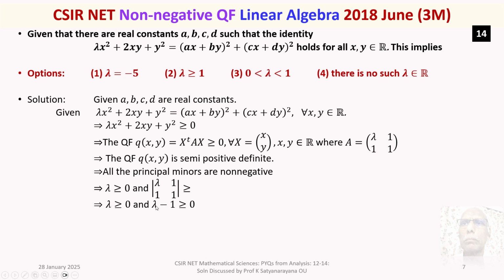The determinant is lambda minus 1, which is greater than or equal to 0. So lambda greater than or equal to 0 and lambda greater than or equal to 1; taking the common part, that is lambda greater than or equal to 1. So the answer appears against option 2. Therefore, the answer to this question is option 2. That is the detailed discussion of the solution of the given problem.